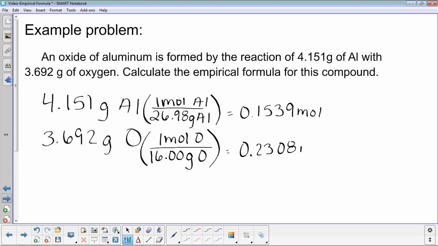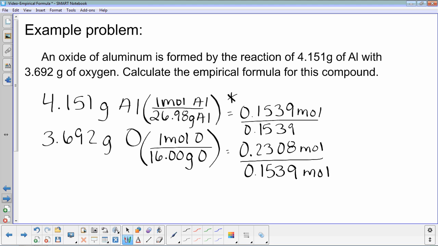0.2308 moles. This is the smallest number of moles, so I'm going to divide them both by that number. So this is automatically 1. And this comes out to 1.5.